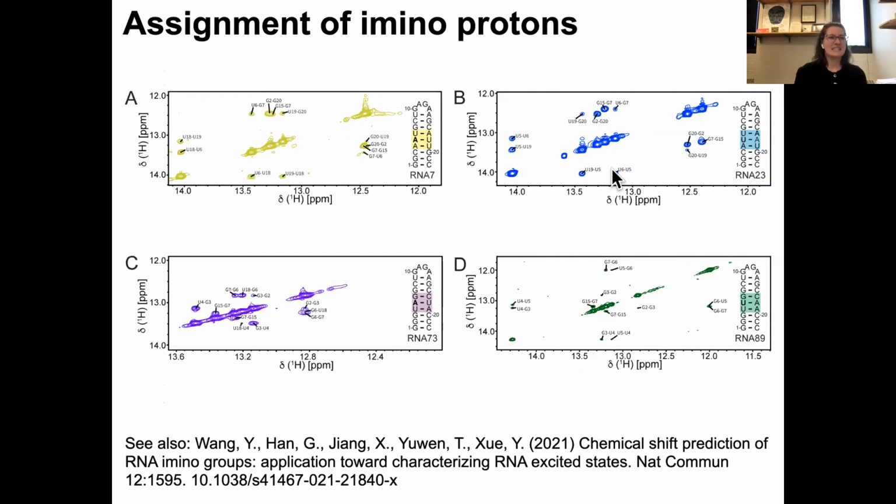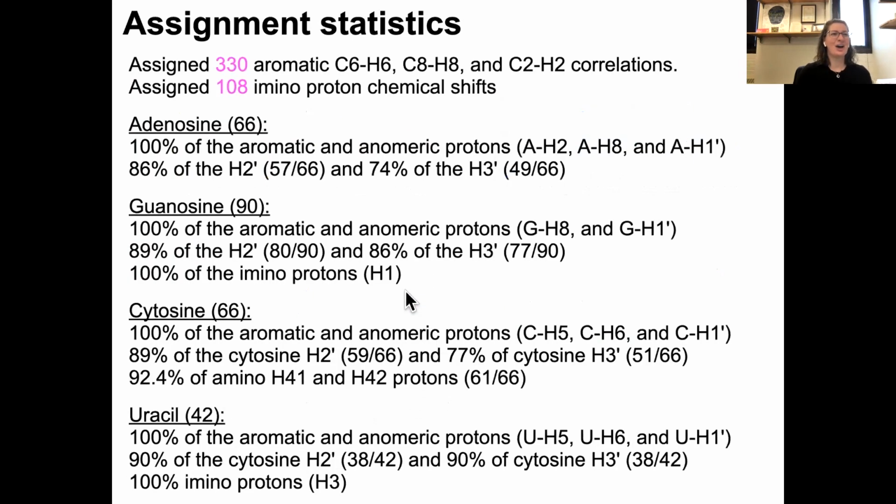We extended the study to include the assignment of imino protons, which inform on secondary structure, and continue to build on database and prediction tools that were reported earlier this year from Yi's lab. So with these 12 RNAs, we really made a huge effort in the assignment process.